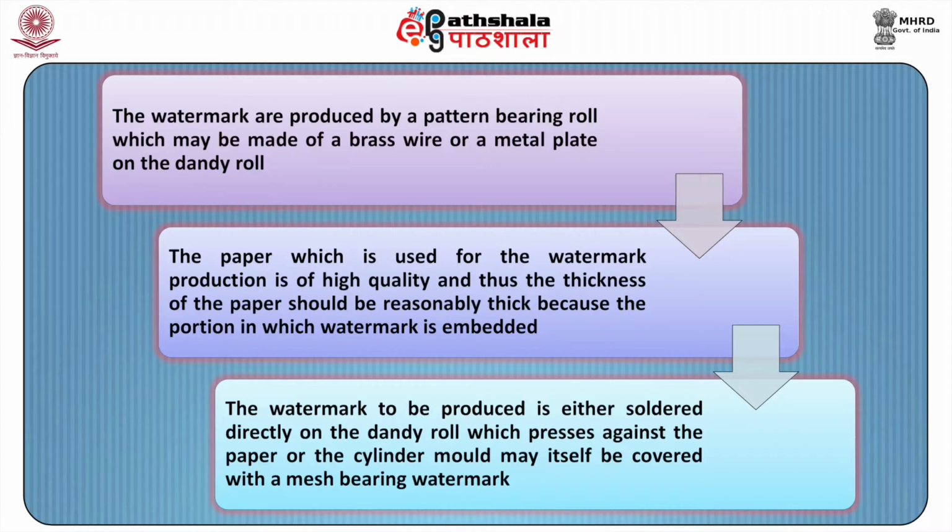Next, the watermark is produced either by soldering directly on the dandy roll, which presses against the paper, or the cylinder mold may itself be covered with a mesh bearing the watermark.